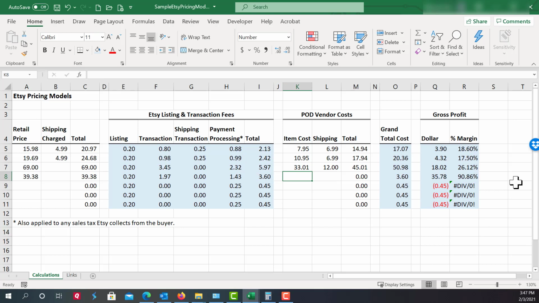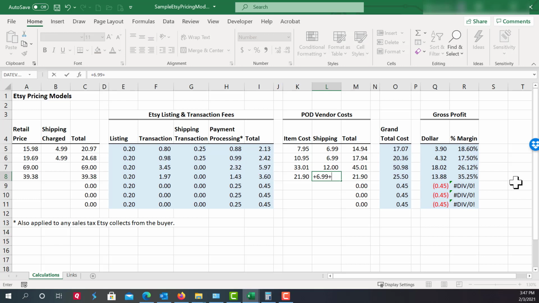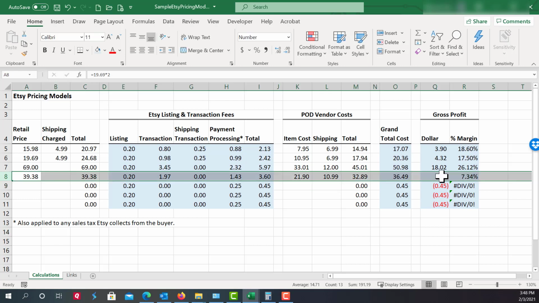So this is a case where it's our $10.95 price, but we know that the vendor is going to charge us the $6.99 for the first one, and then they're going to charge us $4 for the second one. The gross margin in this scenario winds up being only $2.89.